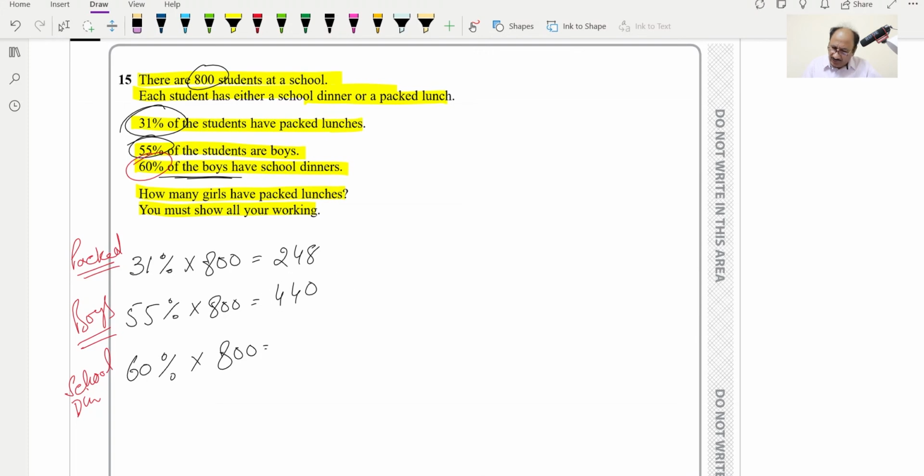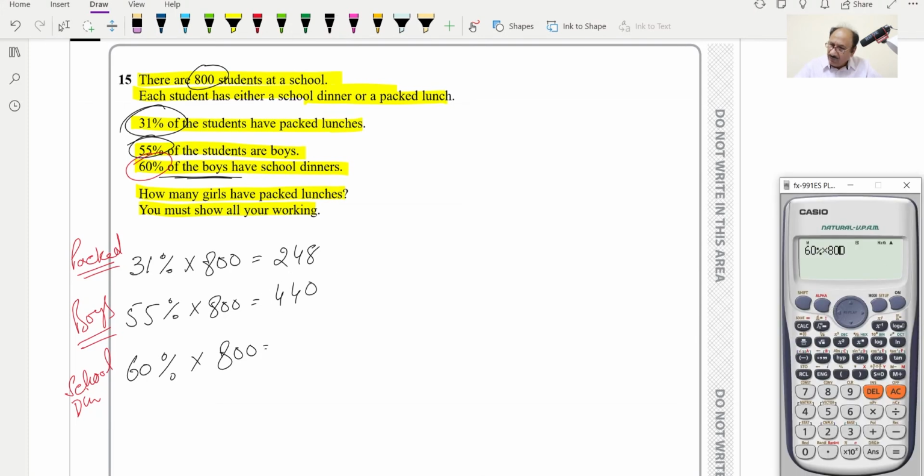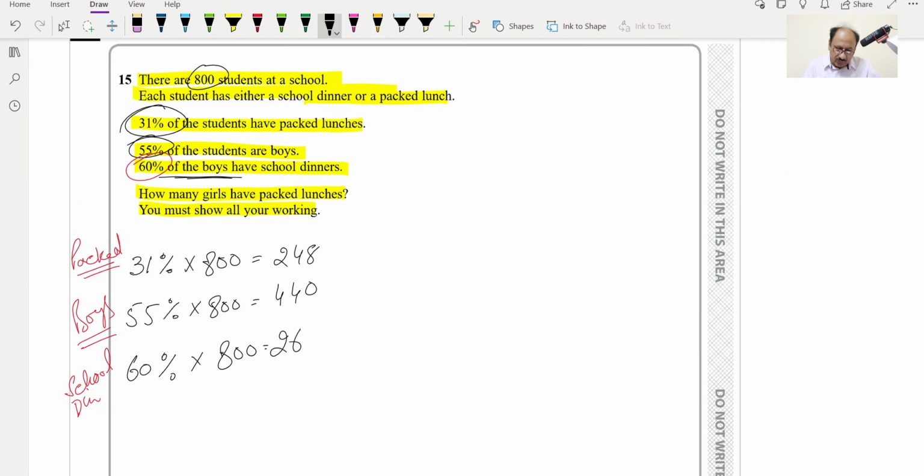So instead of 800 we have to take 440. So 60% of 440 will be 264. So 264 will be the boys who are taking school dinner.